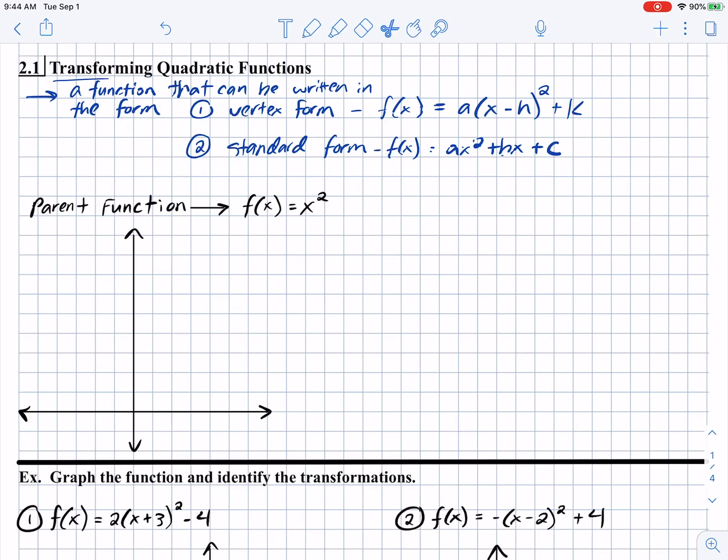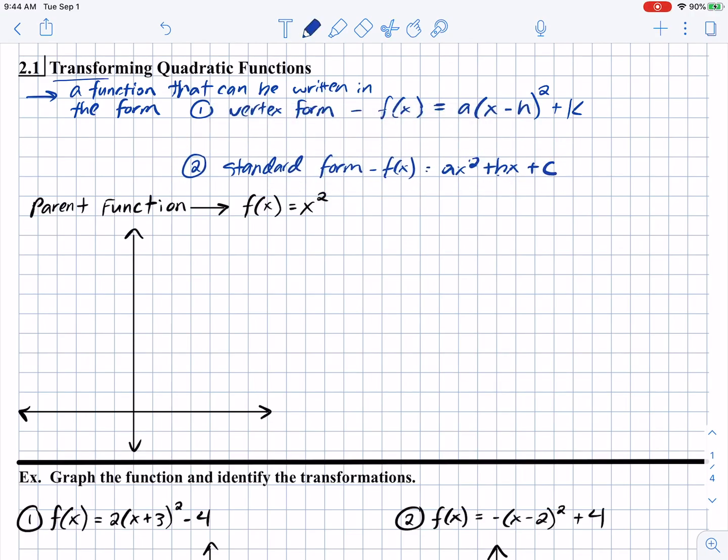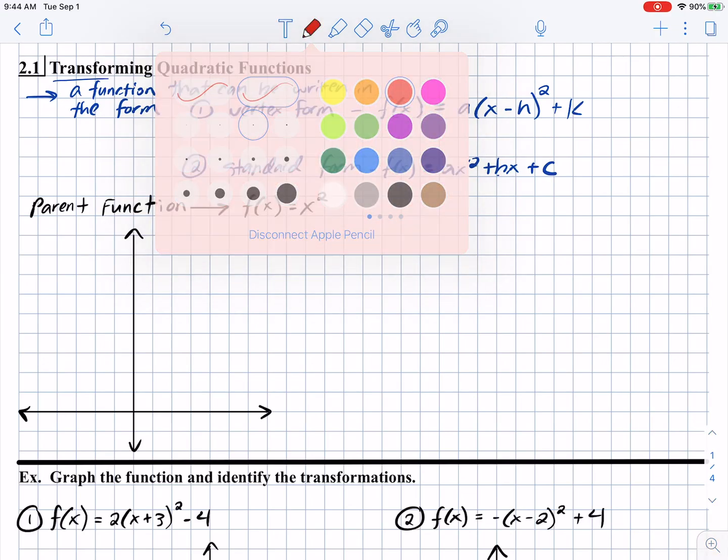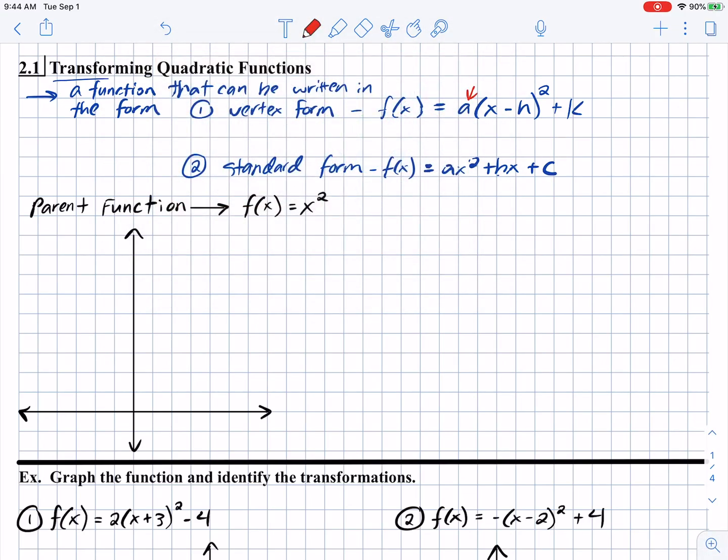And I'm actually going to move this down because I want to define a couple parts of that vertex form together. All right. So for vertex form, our a, h, and our k. This a value is a vertical stretch or shrink, sometimes called a compression.